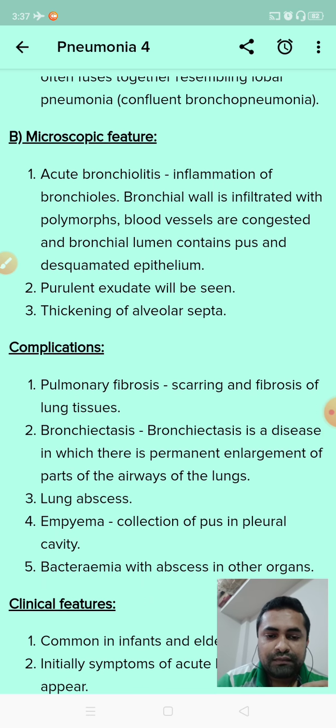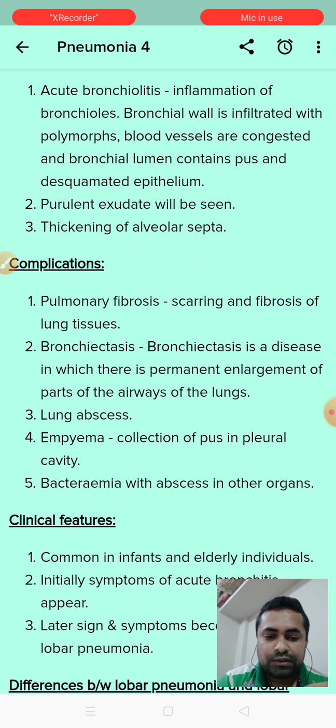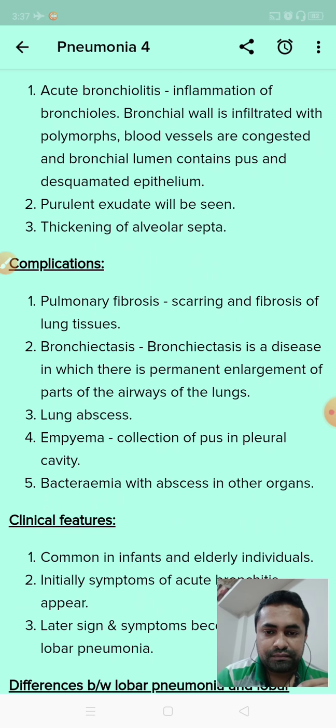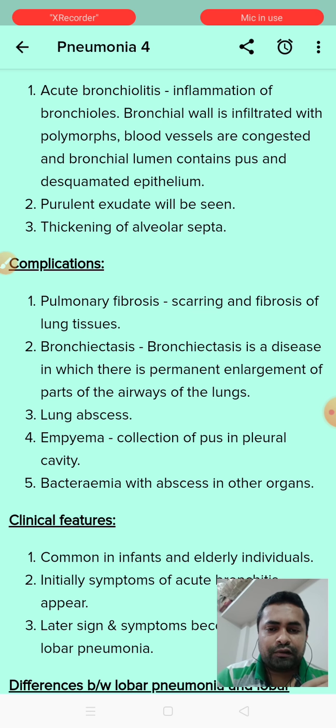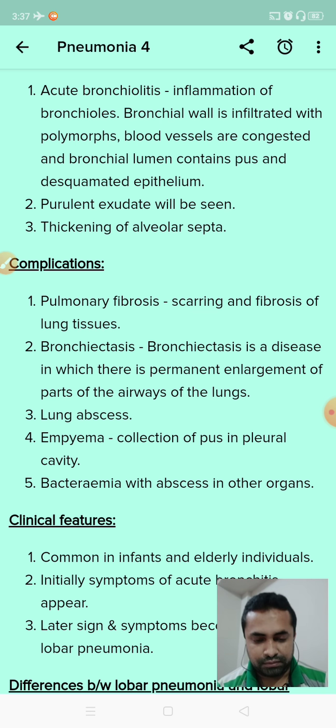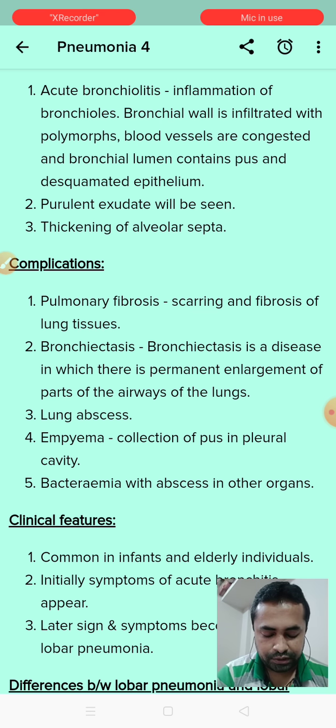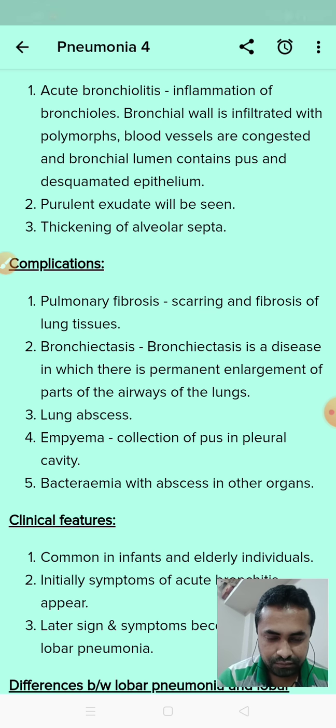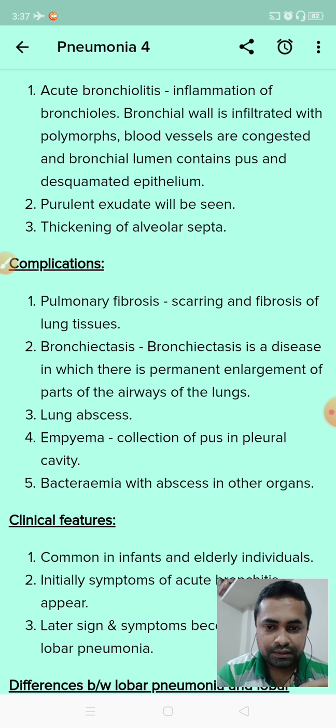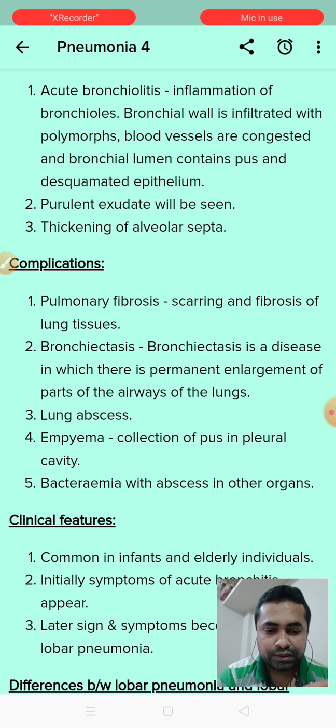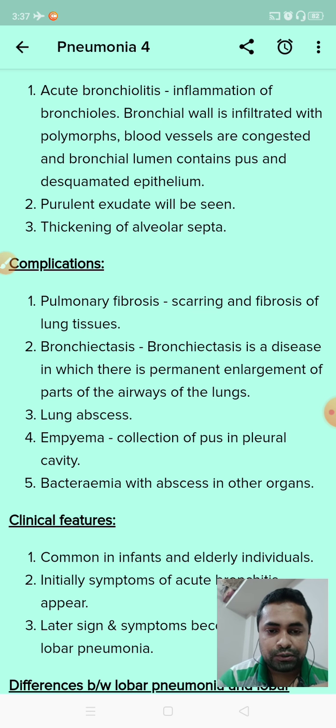Okay. Now coming to complications. So the first complication is pulmonary fibrosis. We already know that whenever there is inflammation or infection, after the inflammation resolves and the infection is gone, the body tries to heal. So the healing process normally occurs by fibrosis or scar tissue.